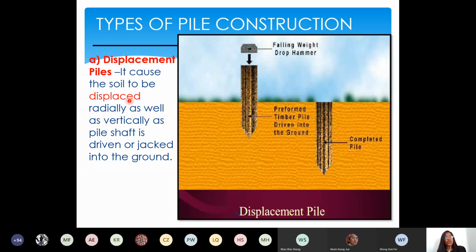It causes the soil to be displaced radially as well as vertically as the pile shaft is driven or jacked into the ground. So it removes the soil, and by driving it is displacing the soil laterally or radially, sideways, to be driven into the soil. The second one is here, it is being driven and is already driven. The pile is already driven.